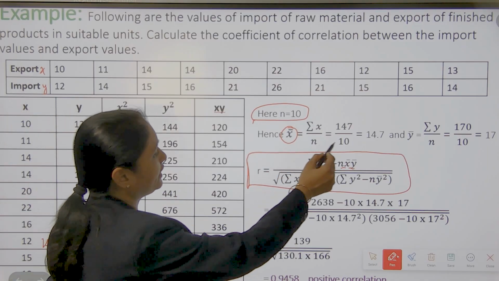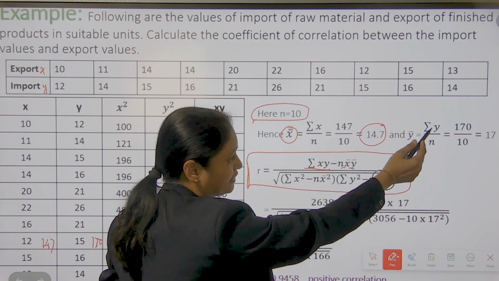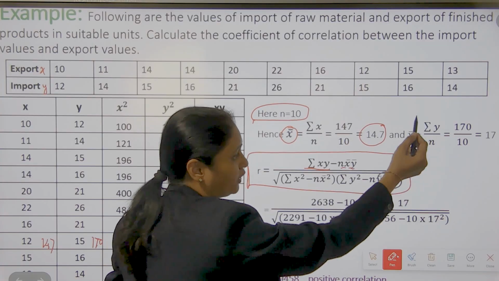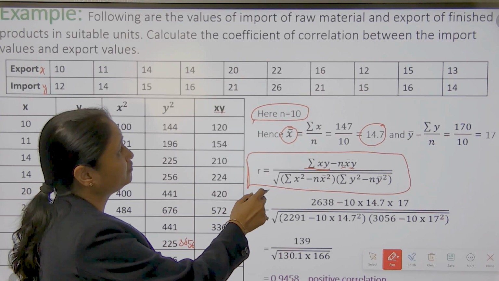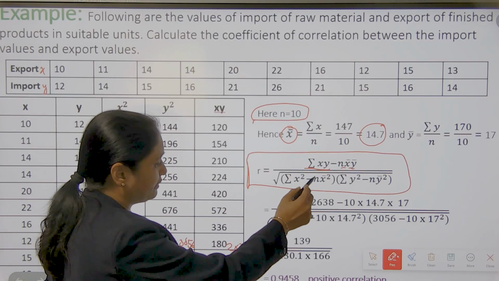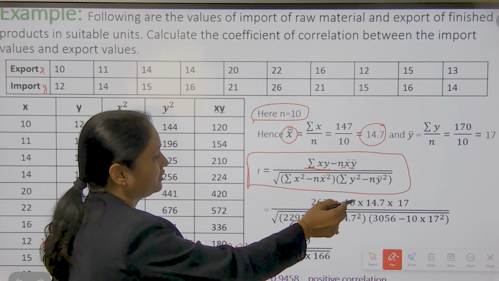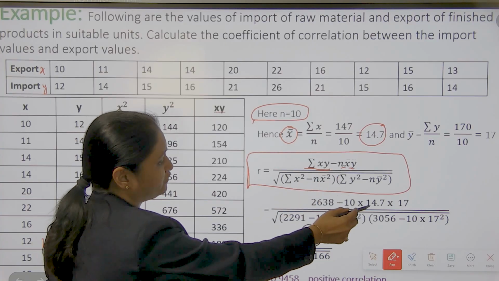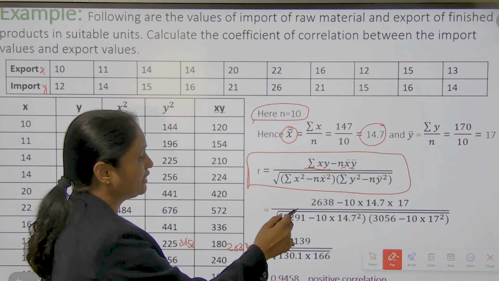So here x bar is calculated as 14.7 and y bar, that is summation y upon n, that is 170 upon 10, is equal to 17. Now this is the formula to find correlation. So putting all the values here, summation xy is 2638 minus n is 10, x bar is 14.7 and y bar is 17, divided by summation x square.